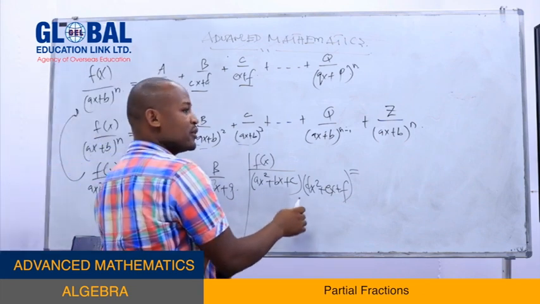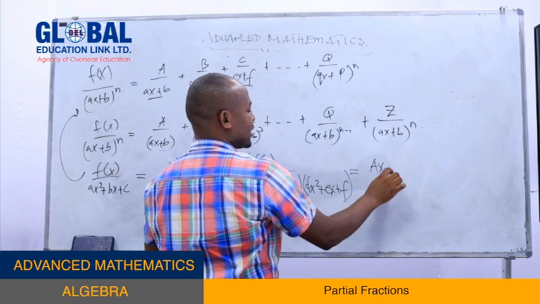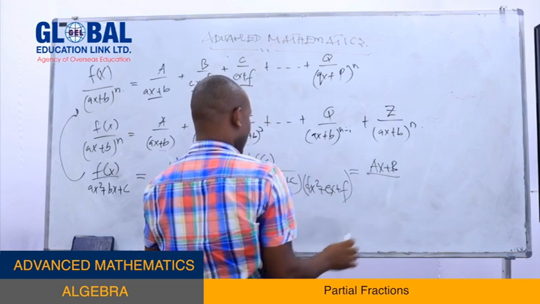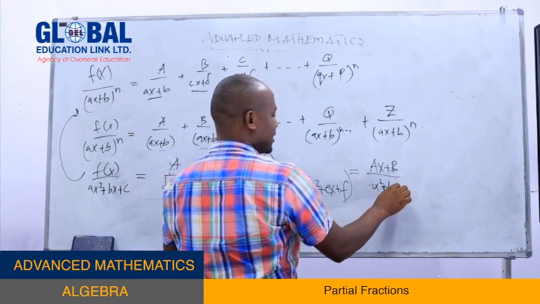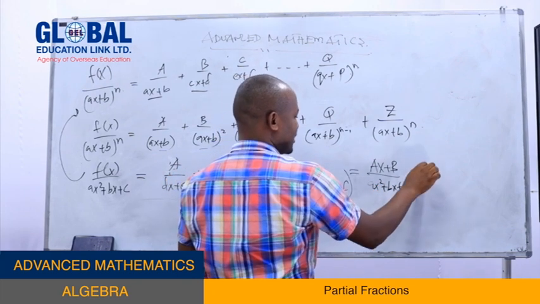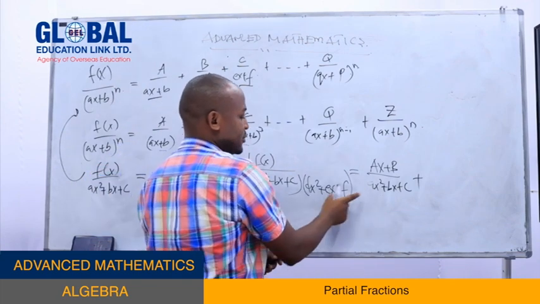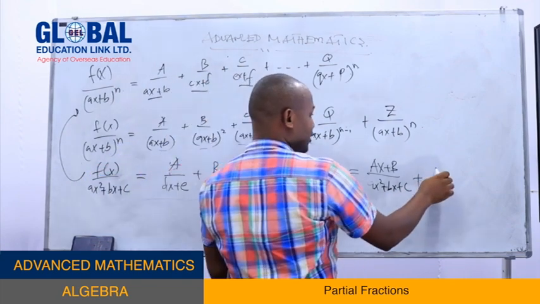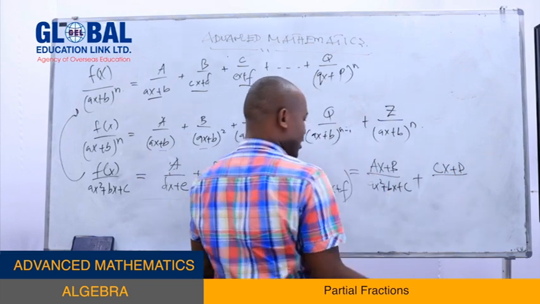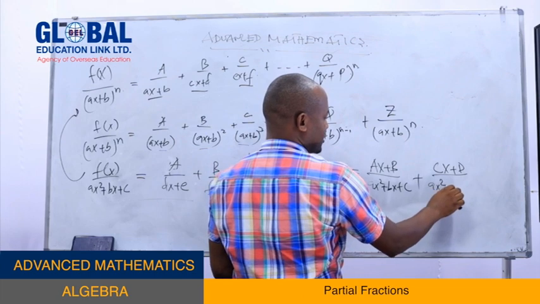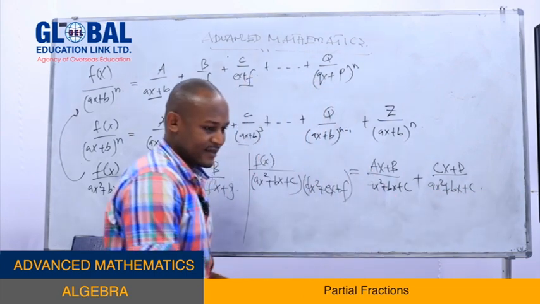How do we do that? Then we shall have something like this: (Ax plus B) over the quadratic ax squared plus bx plus c, plus we have another quadratic that cannot be separated into distinct roots. What are we going to have? We shall have (Cx plus D) over (ax squared plus bx plus c).